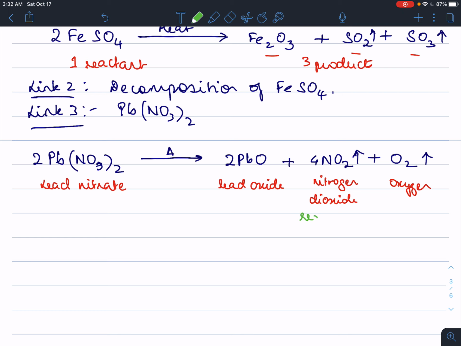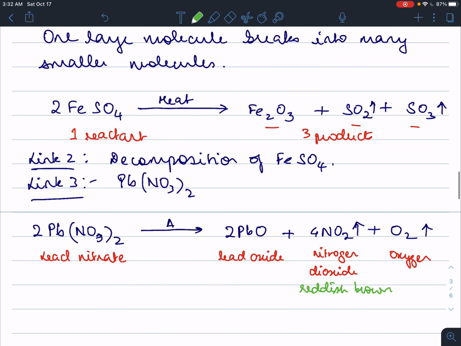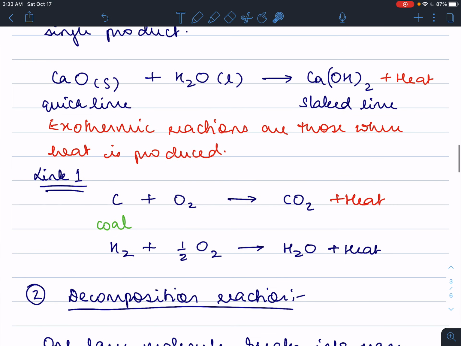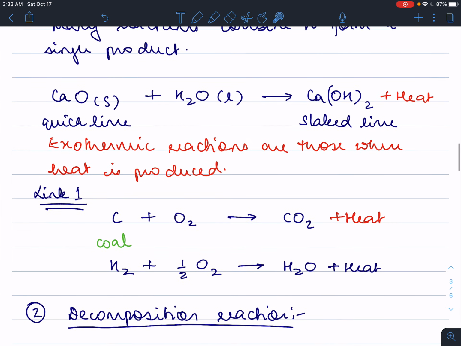This is a reddish brown colored gas, and you can see this very well in the video, so I recommend you go check it out. So these are decomposition reactions, both of which undergo heating, right? Only when you heat these do decomposition reactions occur.